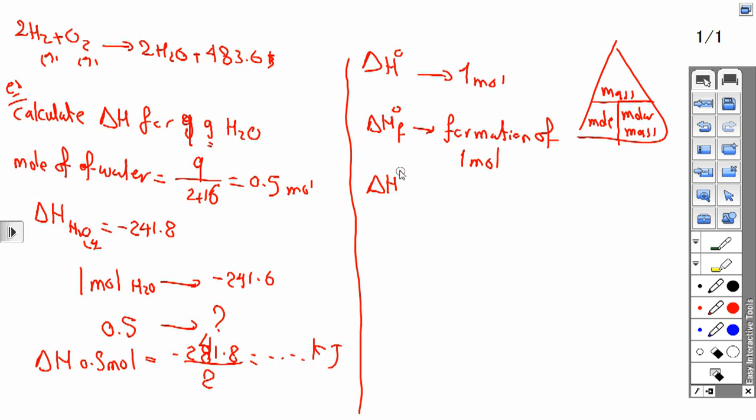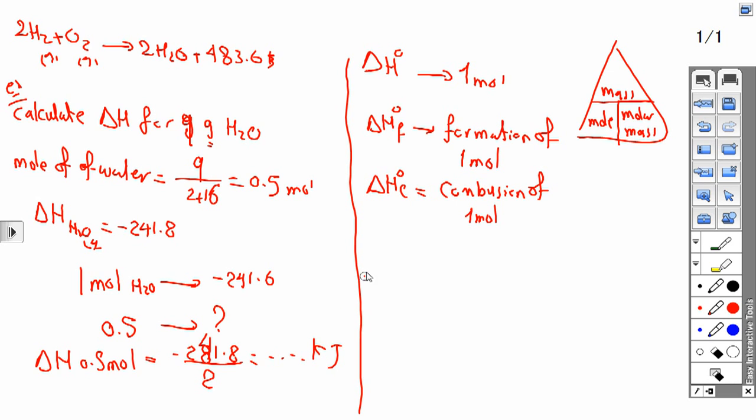Delta H C, this is combustion of 1 mole. We know formation, right? Enthalpy of formation when substance is formed from its element. What is combustion? Combustion is when substance is burned in the presence of oxygen.